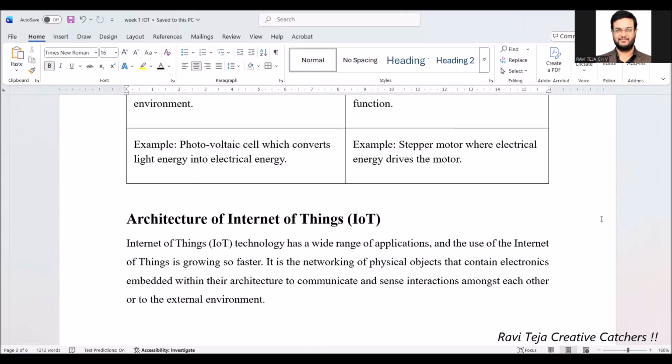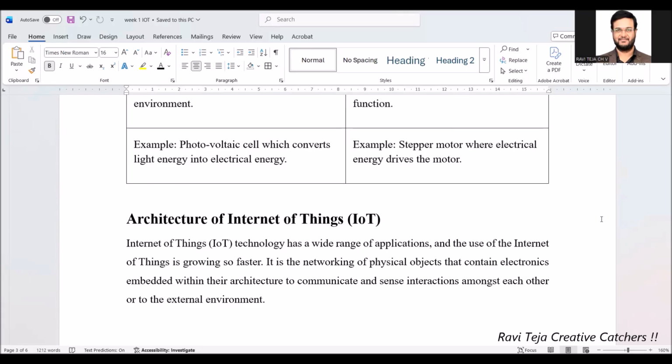Now coming to the Internet of Things, this particular device is attached to the internet such that we can control or monitor that device. You can attach some sensors and some actuators to this IoT device, and you can control or monitor it wirelessly through the internet.